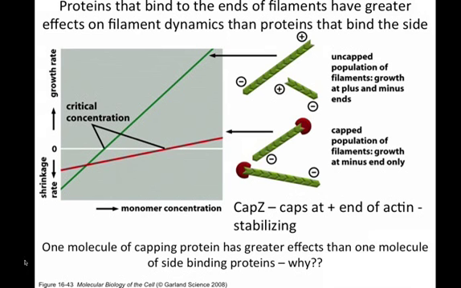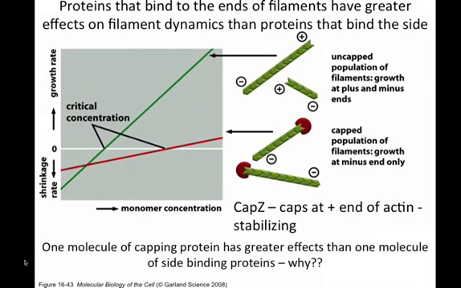I'm not sure. We have to think about what purpose that would serve. But in muscle cells, you're going to have both ends capped because you need them to just be stable. So it just depends on what proteins are being recruited. And so we'll go through different functions, different processes, and the different kinds of proteins that get involved.